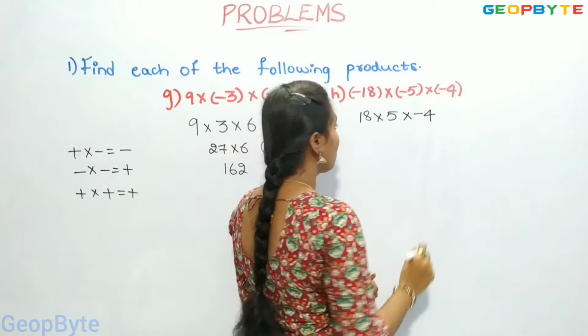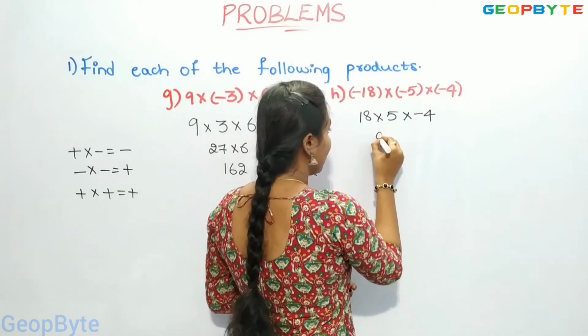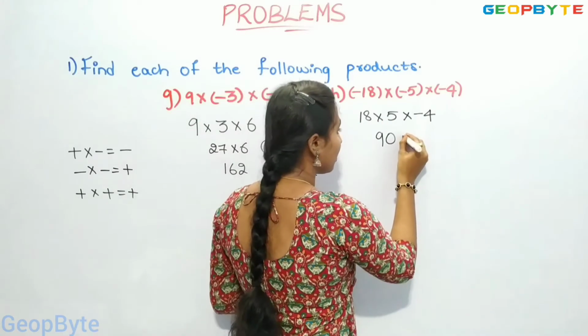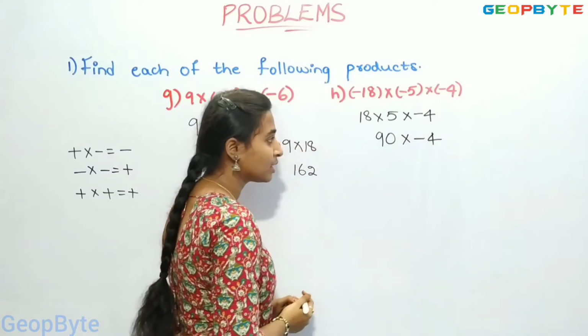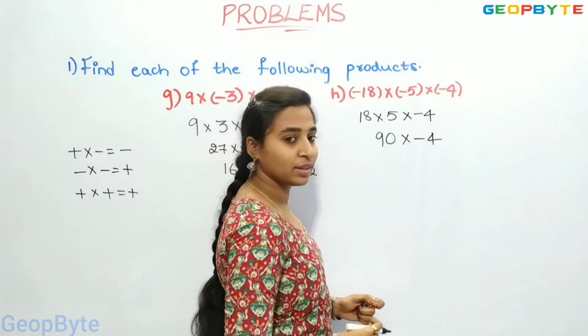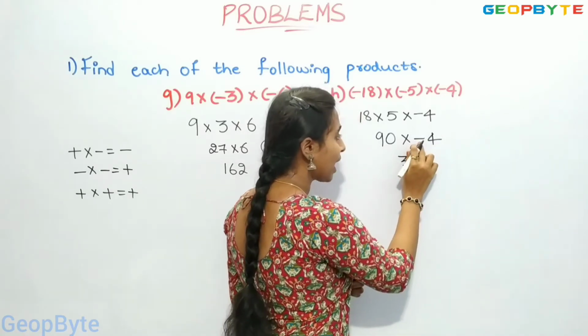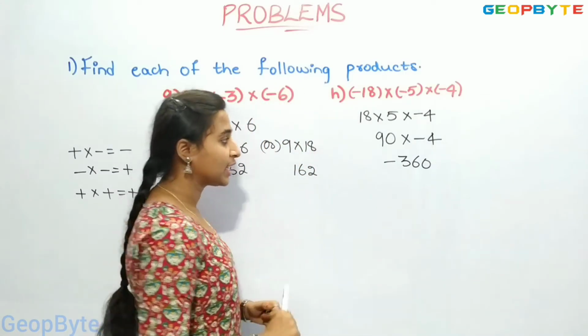Right? Now, what is 18 fives? 18 fives are 90. Into, we have minus 4. Right? 90 into 4, 360. We have the sign minus, so the answer comes negative. That is a negative integer.